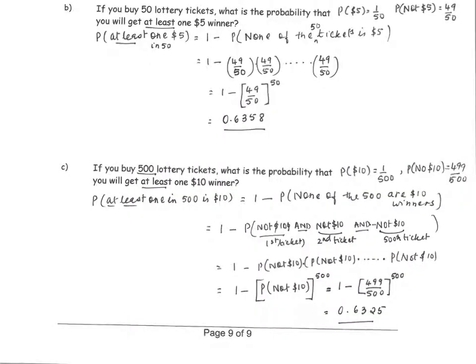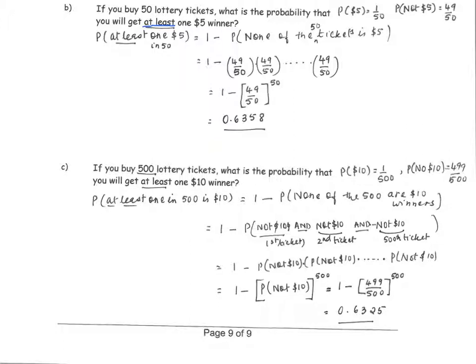So the next question says, if you buy 50 lottery tickets, what is the probability that you will get at least one $5 winner? The minute you see the word at least one, it's a complicated situation. At least one would mean either one or two or three or four or five. So there are many, many possibilities.